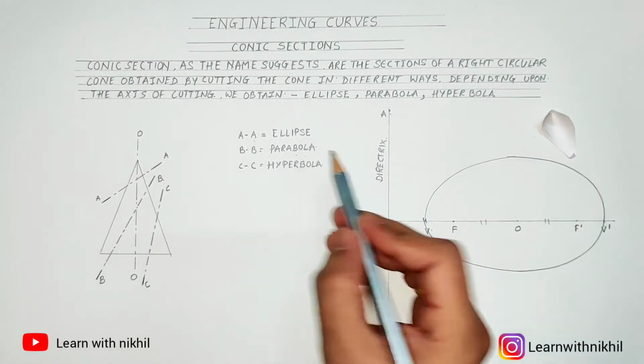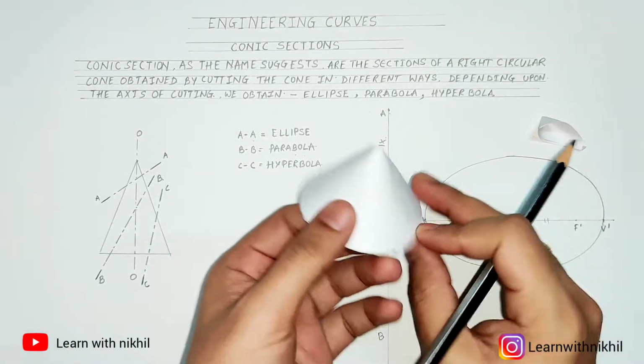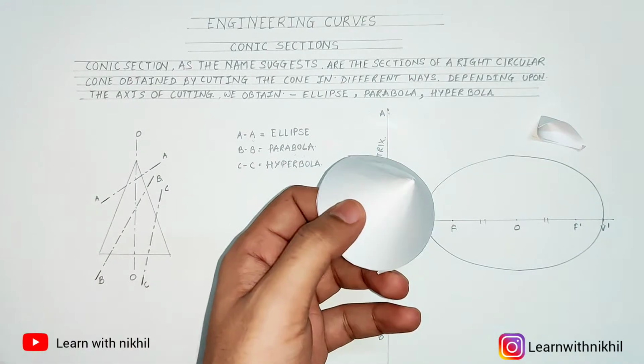Now moving towards the next, that is parabola. The cutting plane is through the center height of a cone. So for that I require a cone.